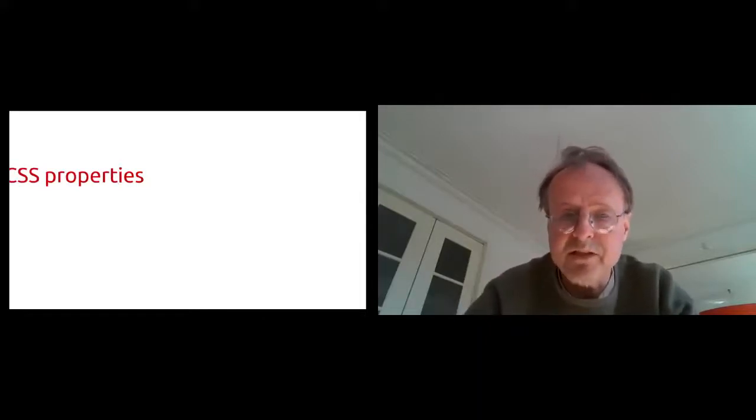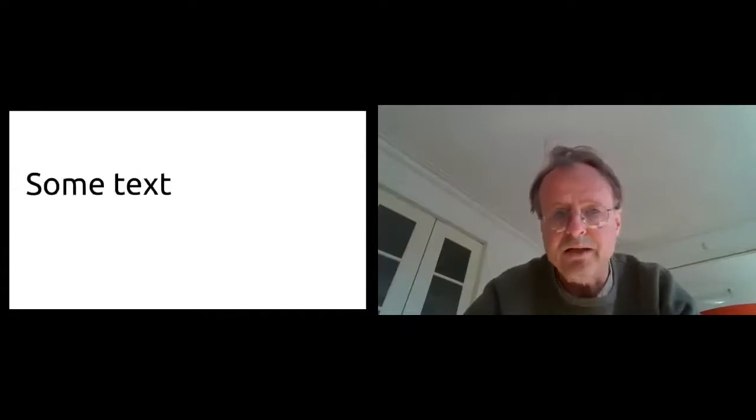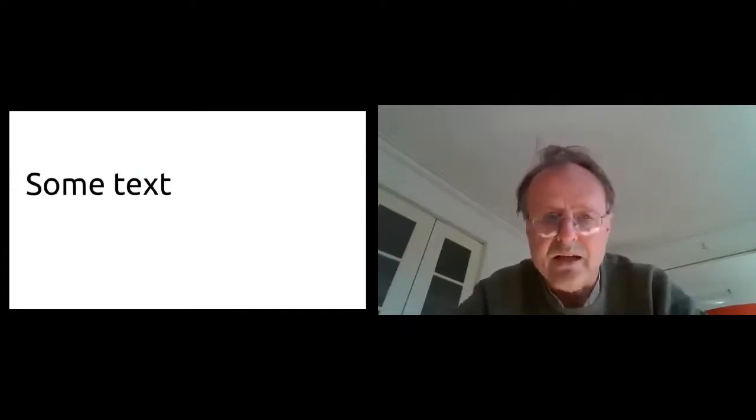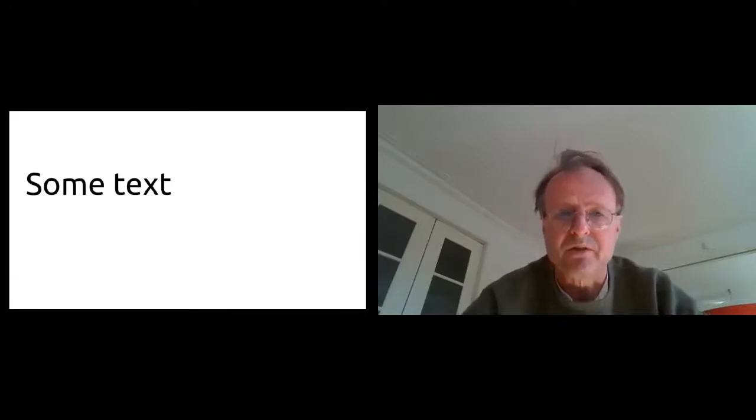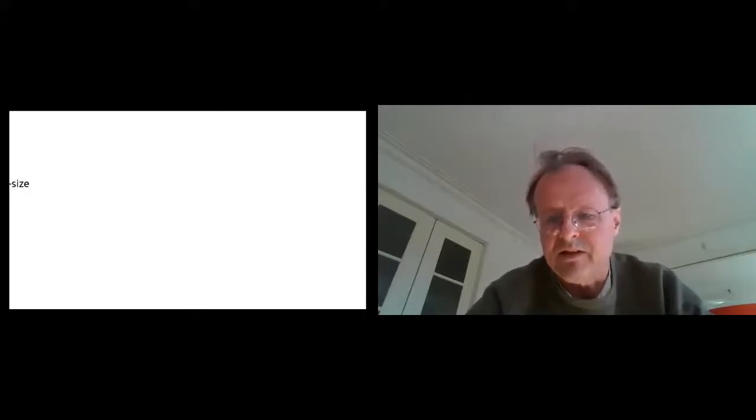So some of the first things we did was, you start out with some text, right? And then you apply a CSS property like font size. You set a font size and you change the font size of the text. And then you want to change the style. You want to have the slanted text. These are some of the things.